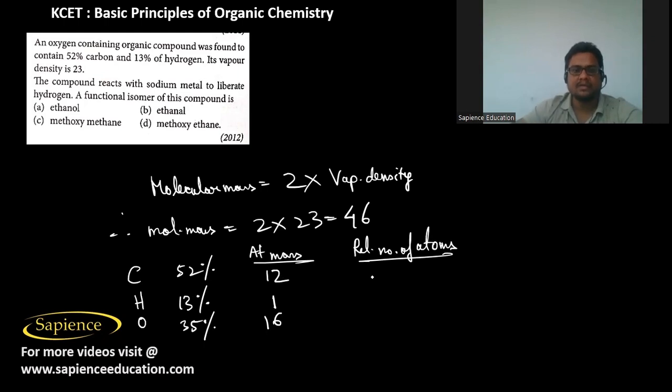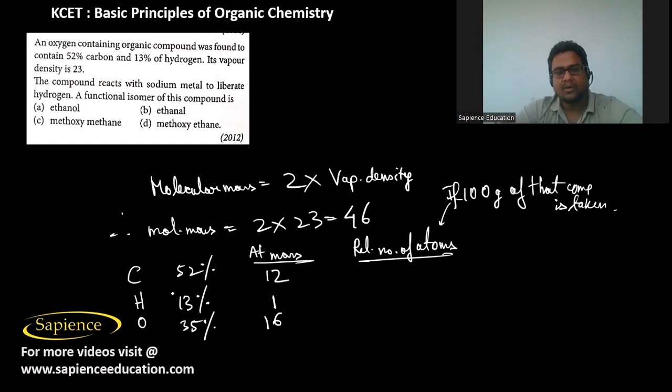If 100 gram of that compound is taken, it means that 52 gram will be carbon, 13 gram will be hydrogen, and 35 gram will be oxygen. So the relative number of atoms of carbon will be 52 by 12, that is 4.33.